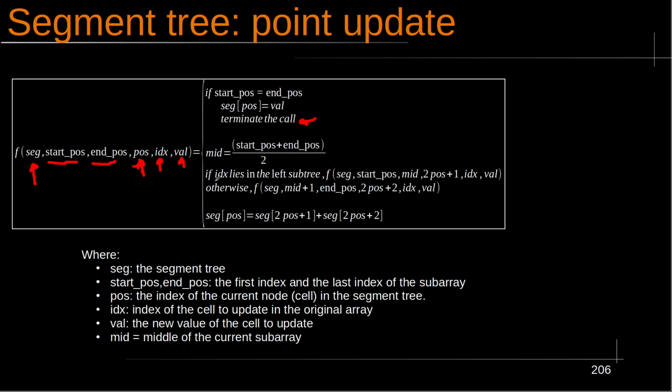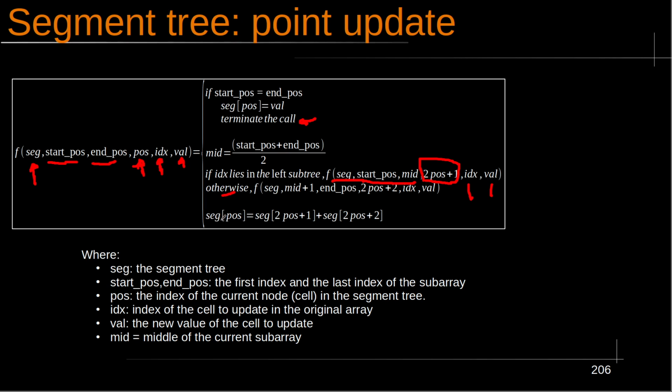Then I will check if the index of the original array where I will update lies in the left subtree, which means from start to the middle. I will call that function from start to the middle, and I will change, of course, the position. I will take the position of the left child. The same index and the same value remain.